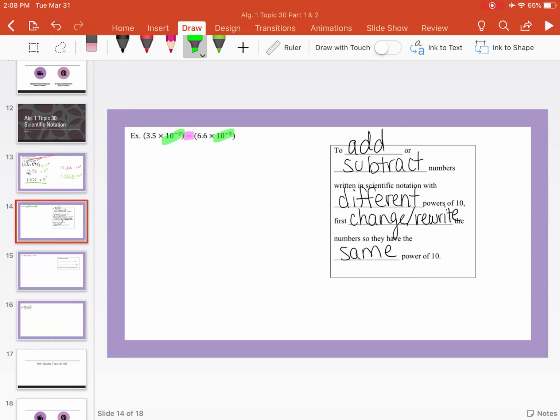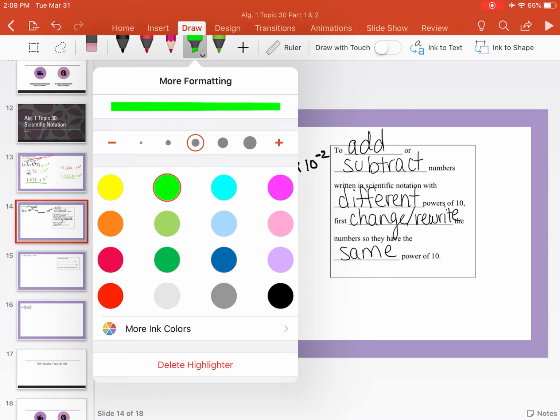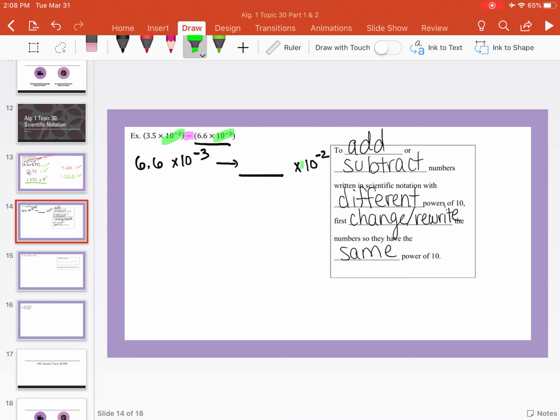It technically doesn't matter, but for this example here, we'll do it. So I want to change this quantity. If I have 6.6 times 10 to the negative third, I want to change it so I have something times 10 to the negative second, so that way the quantities match.